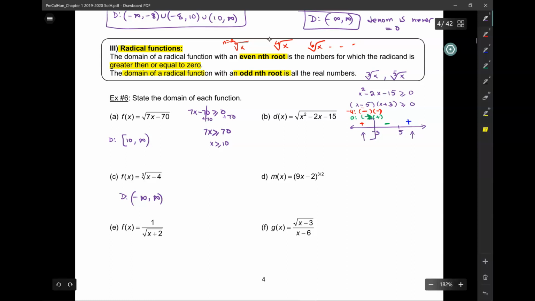So the first region is negative infinity to negative 3. And the second region is 5 to infinity. And it's got to be closed here because it's okay for it to be negative 3 and 5.